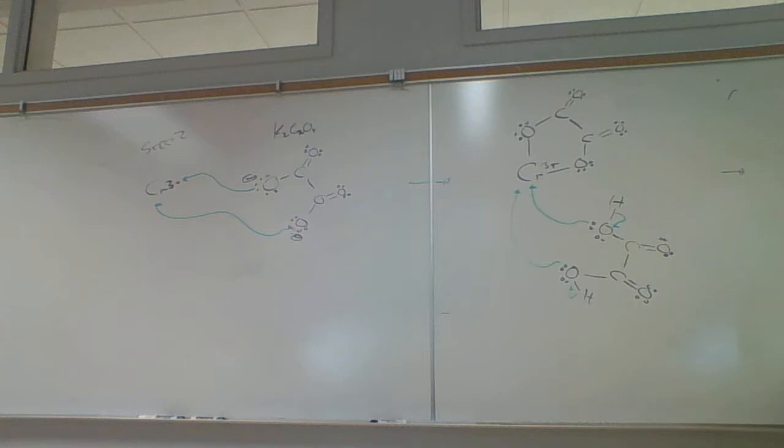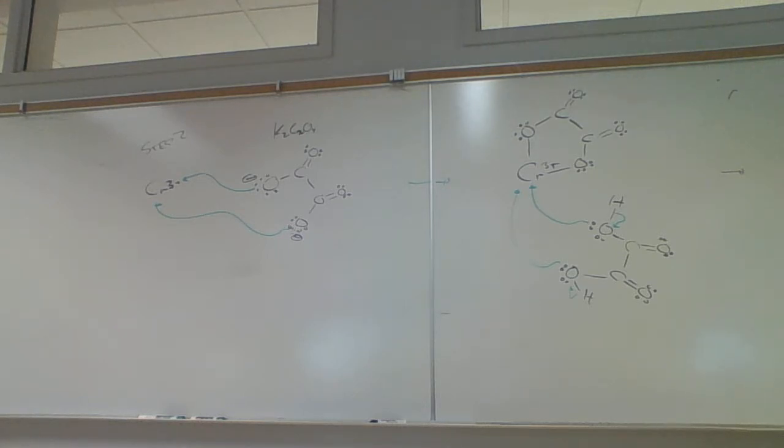So what we'll do is put this one back up here. Now I'm going to try to draw this more three-dimensionally around chromium, but not around the oxalates. So I'm going to use the dash and wedge diagram here. And then I'll throw in another oxalic acid here.